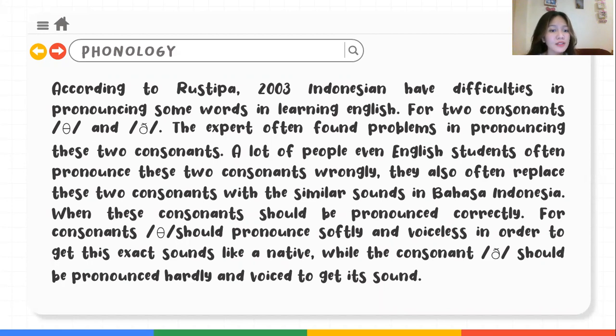They also often replace these two consonants with similar sounds in Bahasa Indonesia, when they should be pronounced correctly. The consonant θ should be pronounced softly and voiceless in order to get the exact sound like a native, while the consonant ð should be pronounced hard and voiced to get its sound.